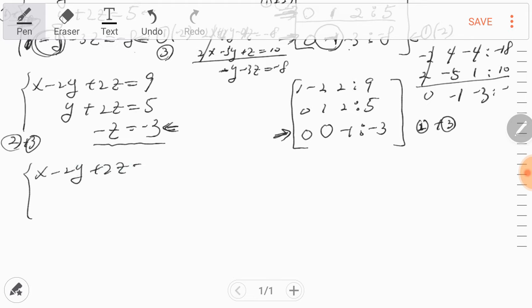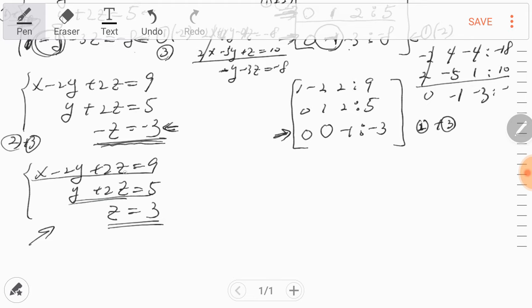So write the first equation and the second equation. And the third row is multiplied by negative 1, then z equals 3. So this is the row echelon form of the system of equations, because the third row starts with z, the second row starts with y, and the first equation starts with x.